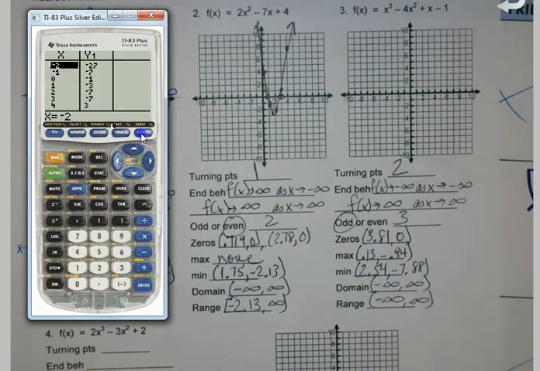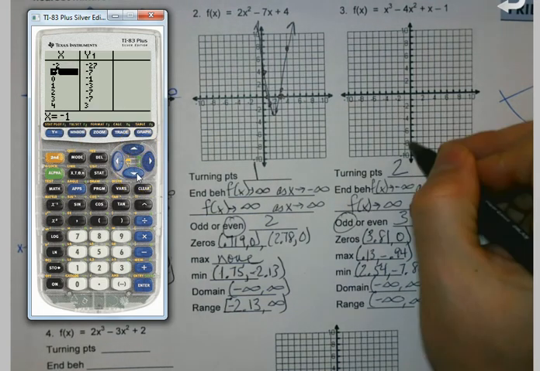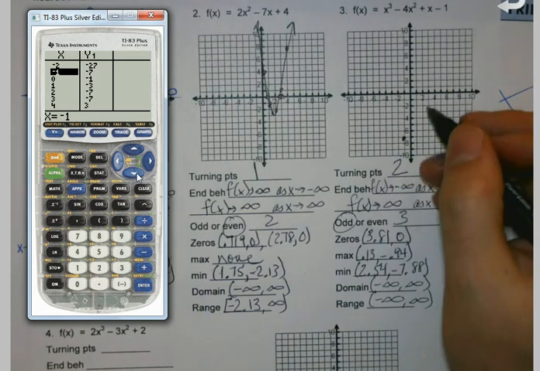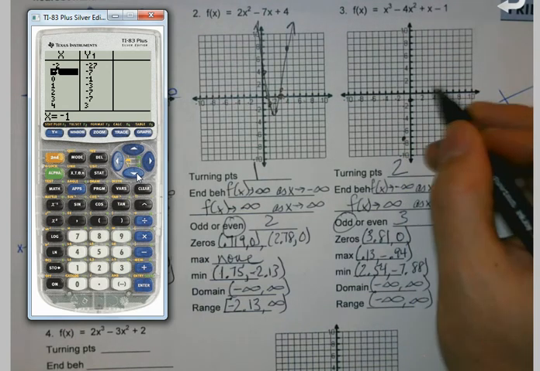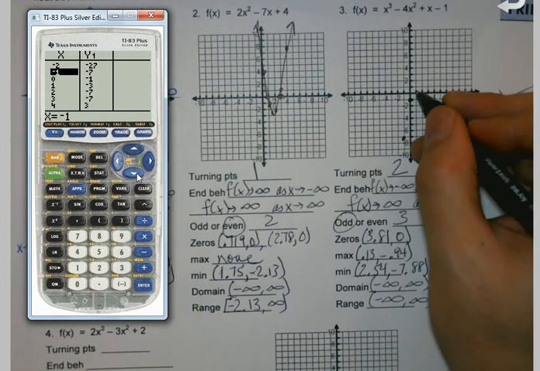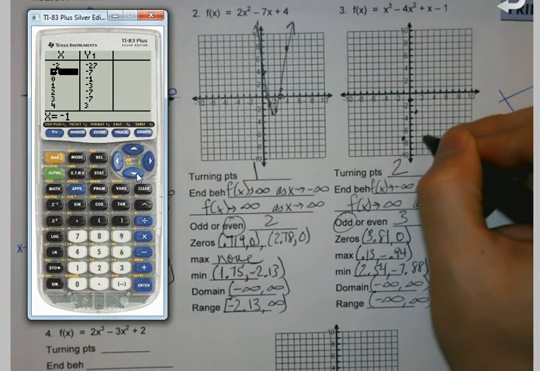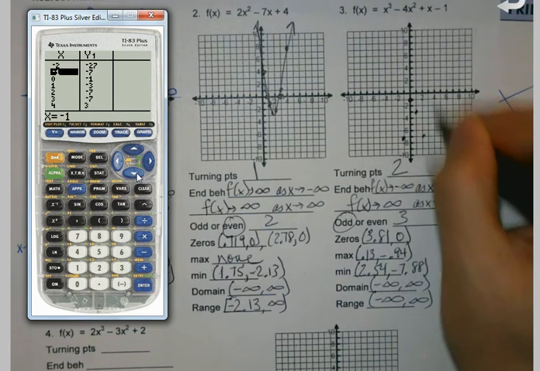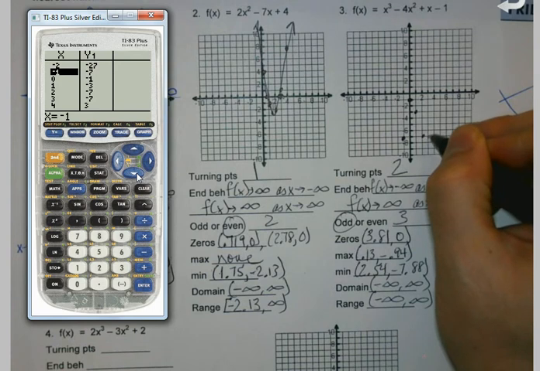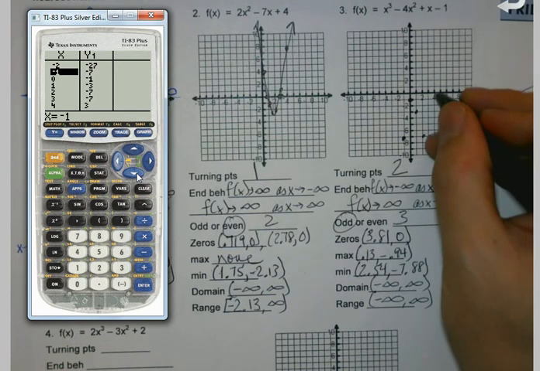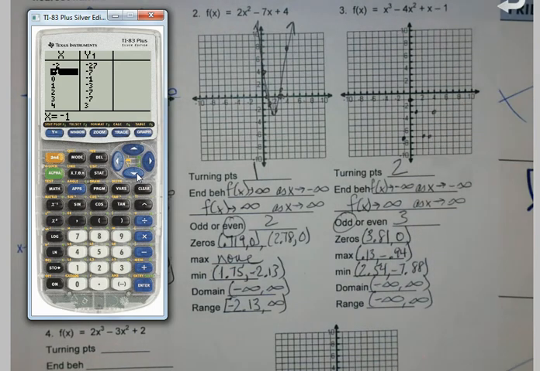So again, get myself some points to work with. Negative 1, negative 7, 0, negative 1, negative 3, 2, negative 7, 3, negative 7, 4, 3.